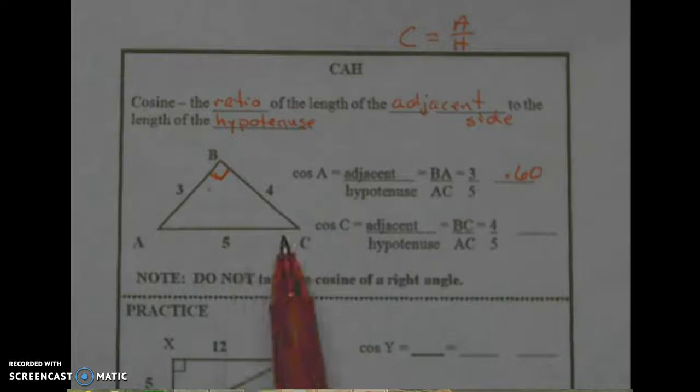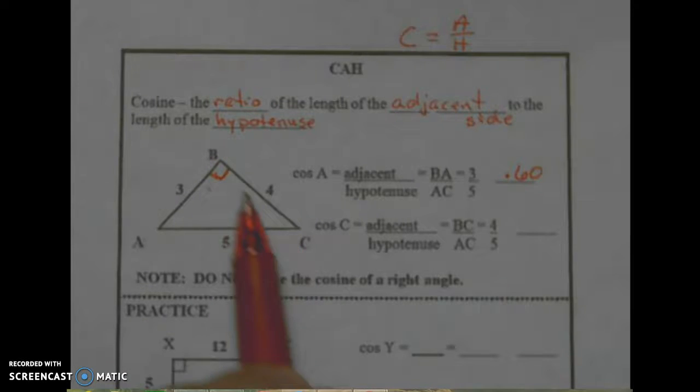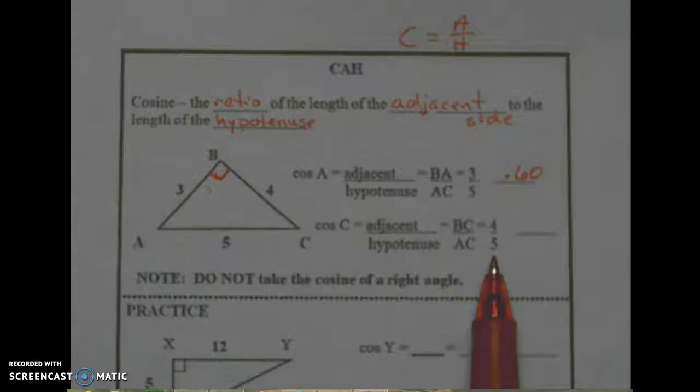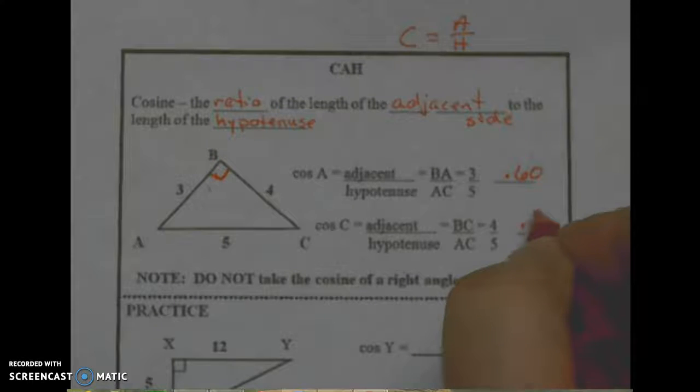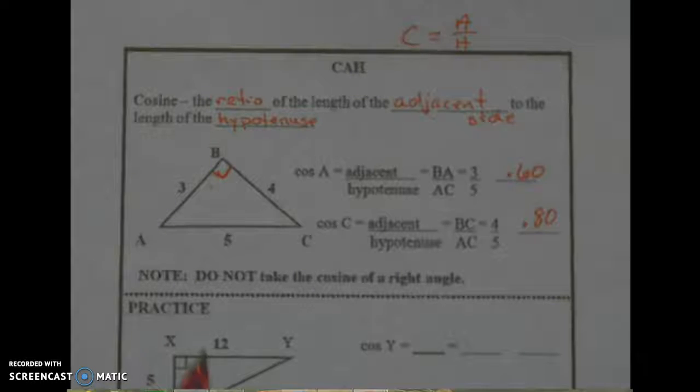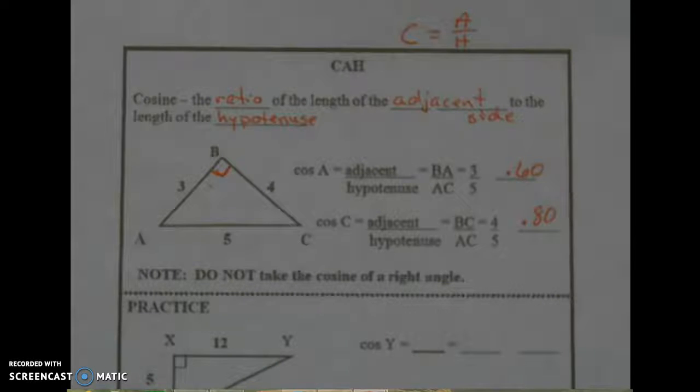If I want the cosine of angle C, I want the adjacent side, which is BC, over that hypotenuse AC. That gives me 4/5, a decimal approximation of 0.80. Again, note I cannot take the cosine of a right angle.